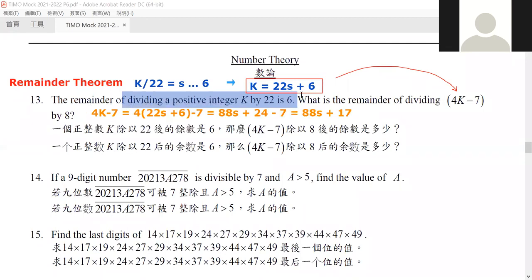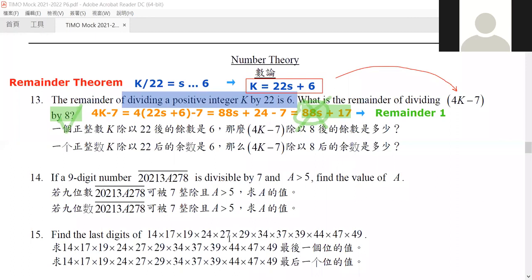But now here comes the question: what is this number when divided by 8? Notice that 88s itself is a multiple of 8, so if we divide by 8, this part contributes nothing. All we need is the 17. But 17 divided by 8 has a remainder of 1. So the whole number has a remainder of 1.